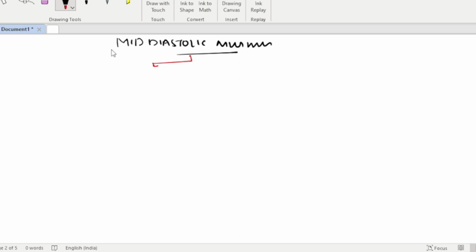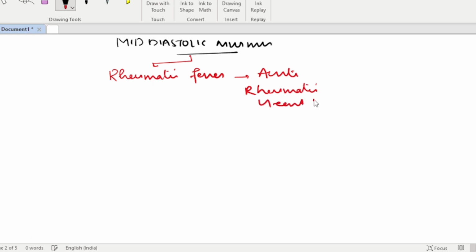So what is happening first? The patient is suffering from rheumatic fever. Rheumatic fever is causing acute rheumatic heart disease. We are not going into detail on all of this. Rheumatic fever may cause acute rheumatic pericarditis, acute rheumatic myocarditis, or acute rheumatic endocarditis.